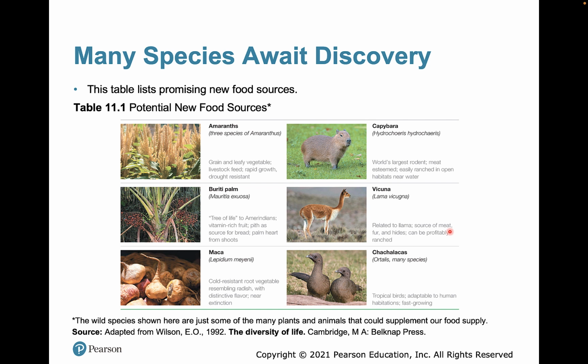When we get down the line, we're going to look at feeding the human population. And we're over 8 billion people, so the food needs to come from somewhere. Okay, so these are just some options that if we're not careful, we're going to lose, but we could lose even more that we don't know about.